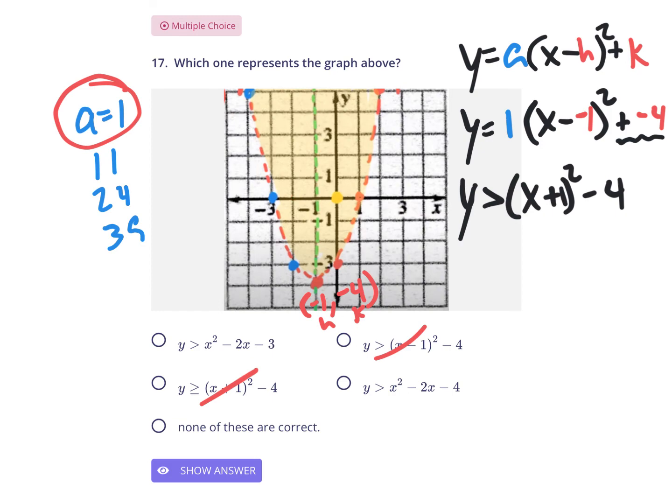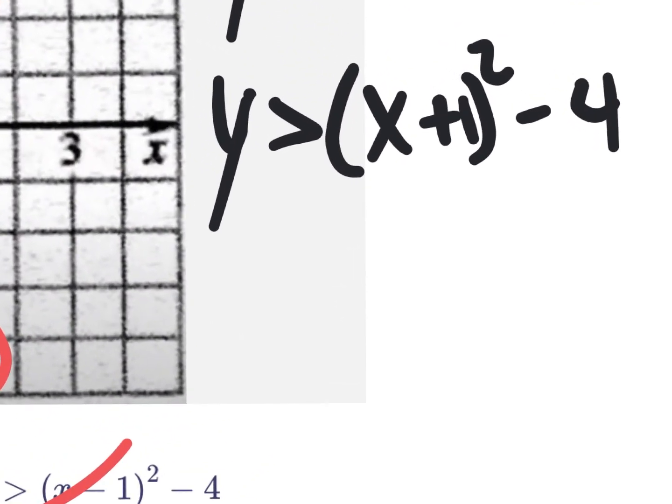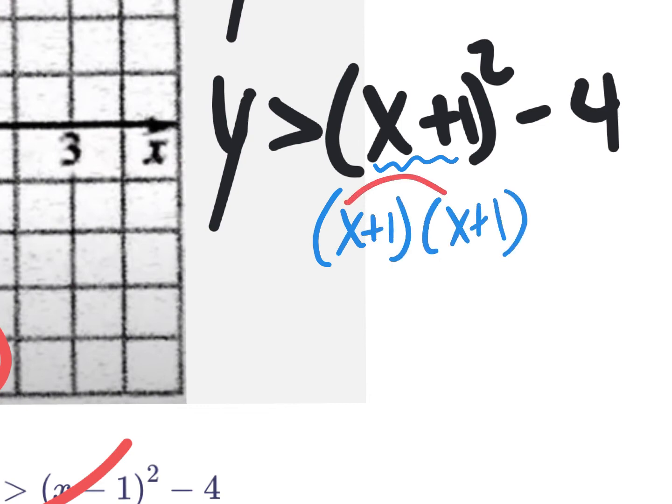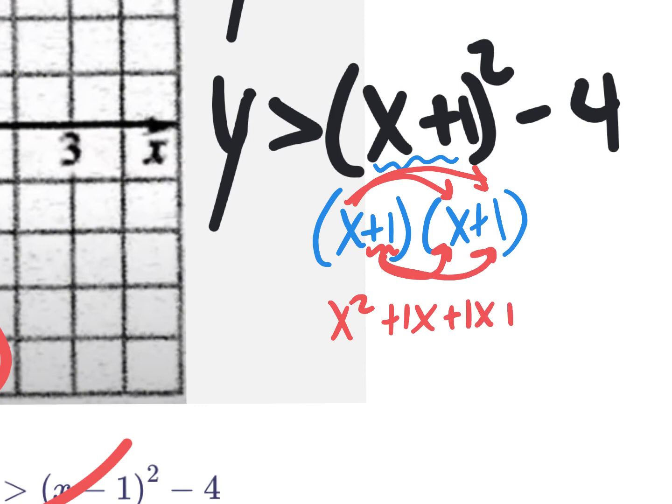So you could actually do algebra and change that to standard form. Standard form doesn't have parentheses. So it'd be a good idea to just rewrite this binomial and multiply it with itself. So you have an x plus 1 times x plus 1, and distribute: x times x is x squared, x times 1 is 1x. 1 times x is another 1x, and then 1 times 1 is 1.